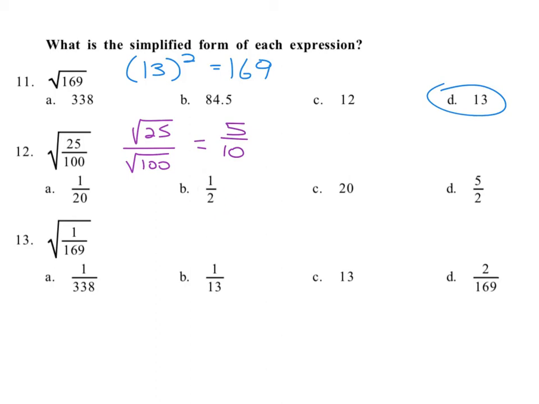So you actually get 1/2, and that's B. If the square root of that is 1/2, then why wasn't the number inside just 1/4? Because 1/2 times itself is 1/4. Well, actually, it is. If you do 1/2 times 1/2, you get 1/4.